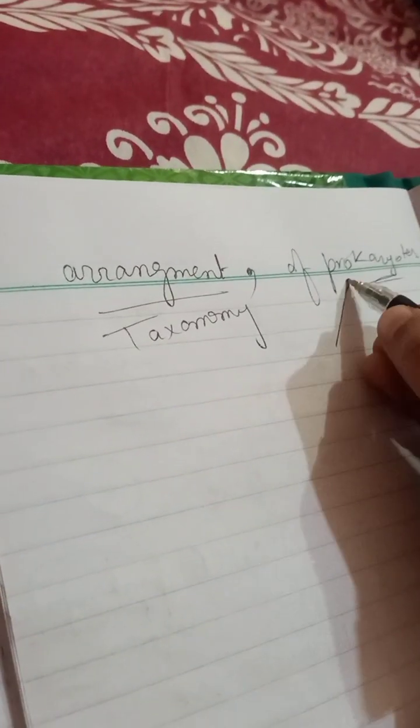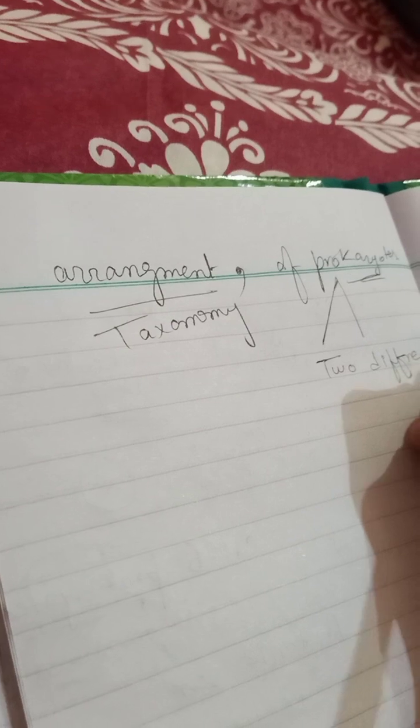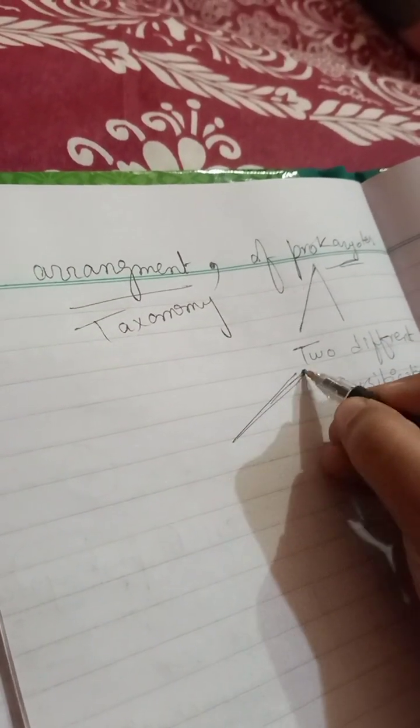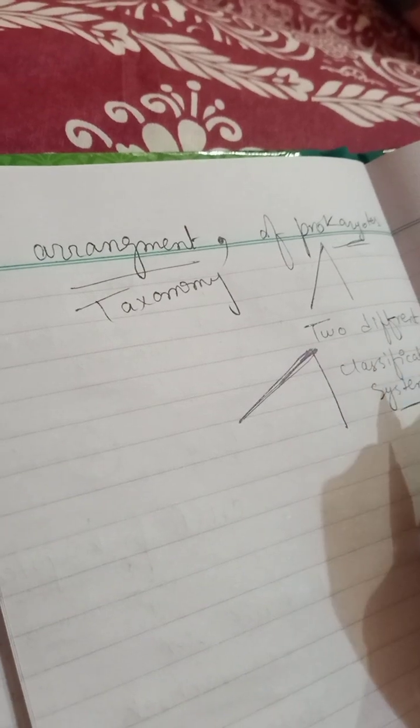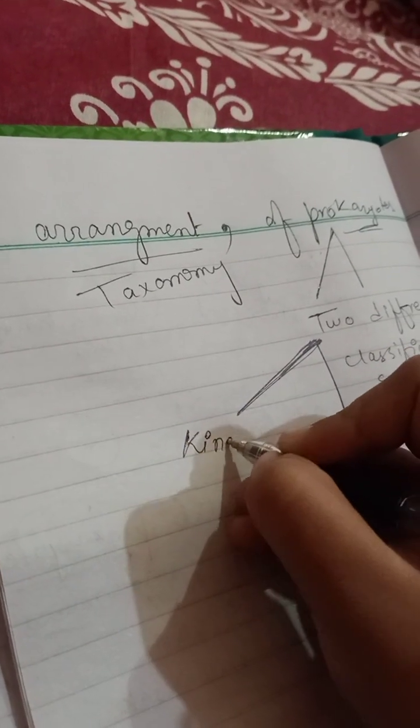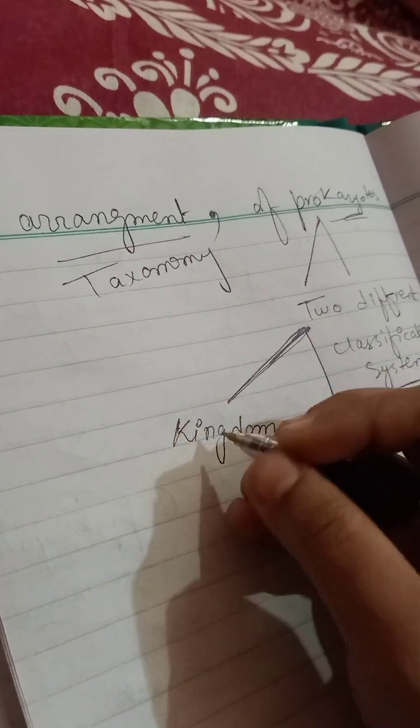The prokaryotes are classified into two different classification systems. The first one is the classification based on the kingdom, which kingdom?